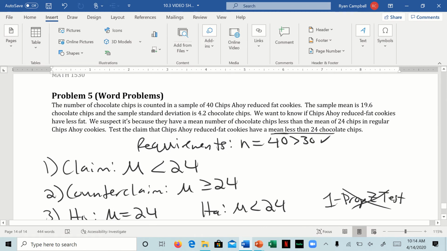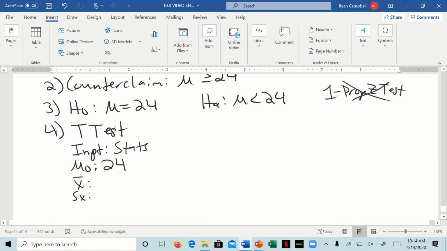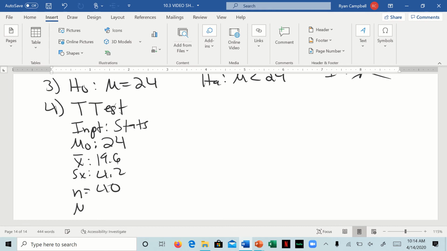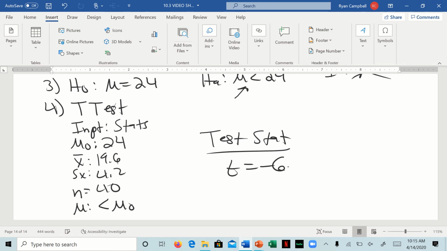All right, we see that that's going to be 19.6 and 4.2. N, we already said, was 40. And then our mu comes from HA, which is less than. Our test stat should be negative 6.63.